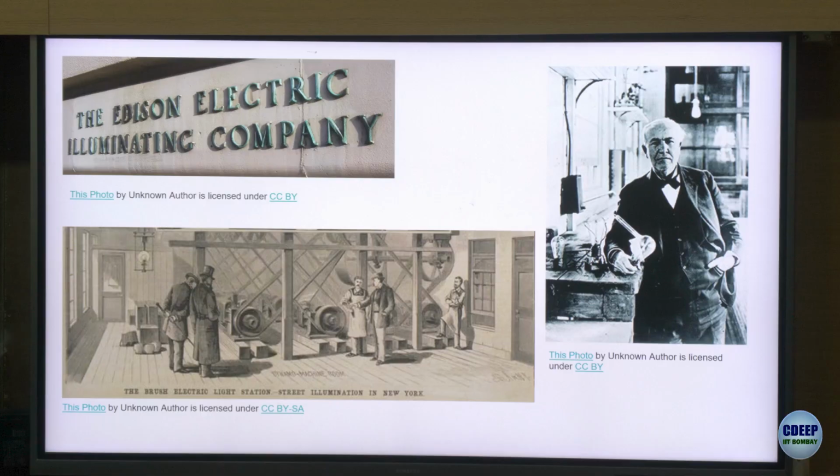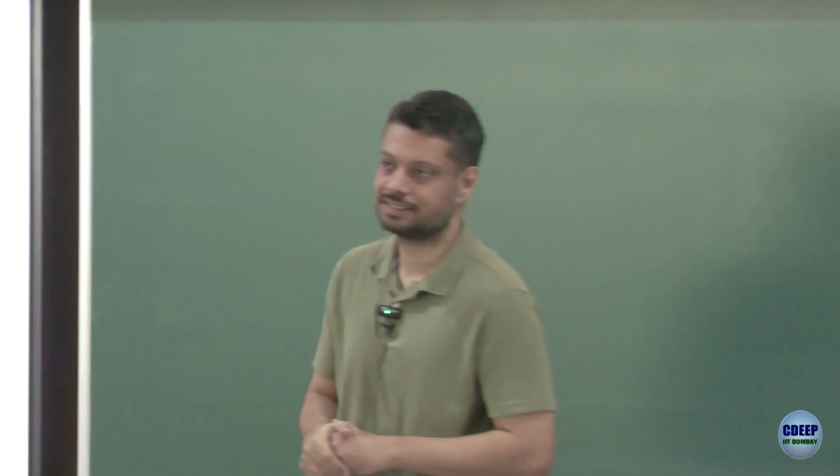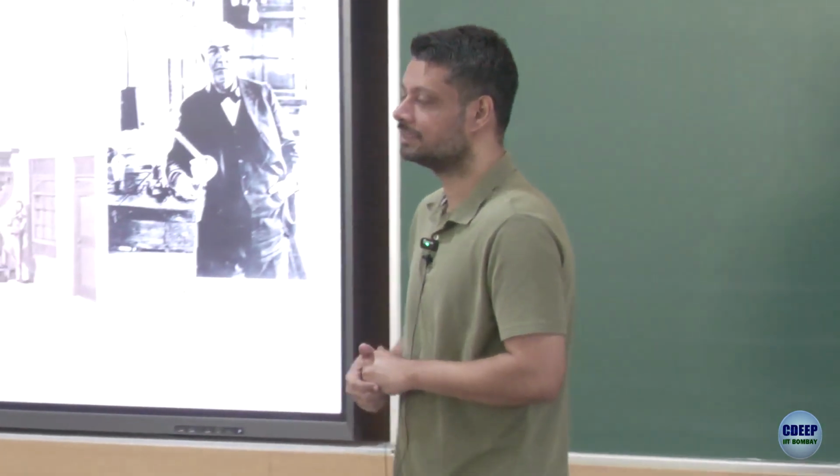The interesting part is that whichever course I try to teach, it sort of starts from the late 1800s, right? Whether I talk about the history of electric vehicles, motors, power electronics, or power systems, everything roughly starts in the late 1800s.